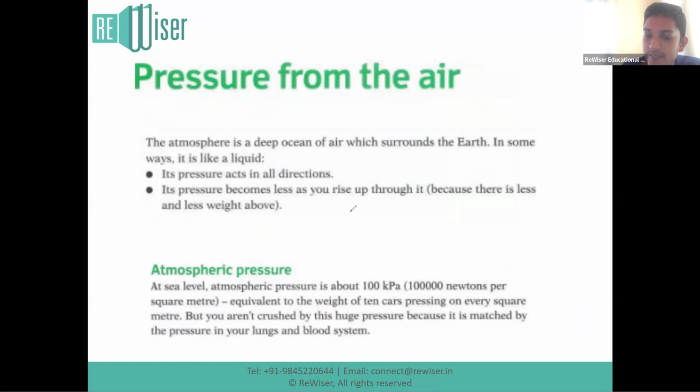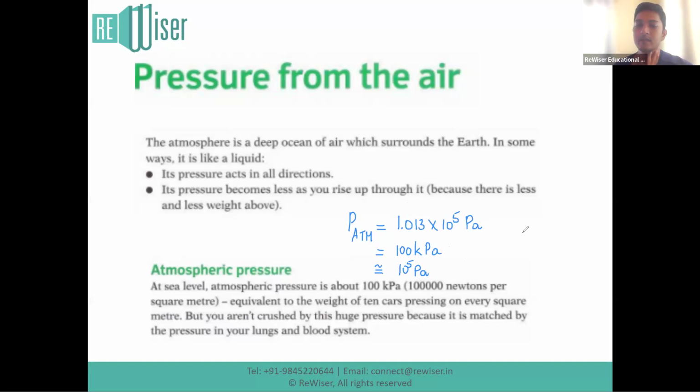In fact, if you want a more precise value, the atmospheric pressure for all numerical calculations is assumed to be a constant value of 1.013 into 10 to the power of 5 Pascal, or 100 kilopascal, or 1 into 10 to the power 5 Pascal approximately. So this is the value of atmospheric pressure we take for all numerical calculations.